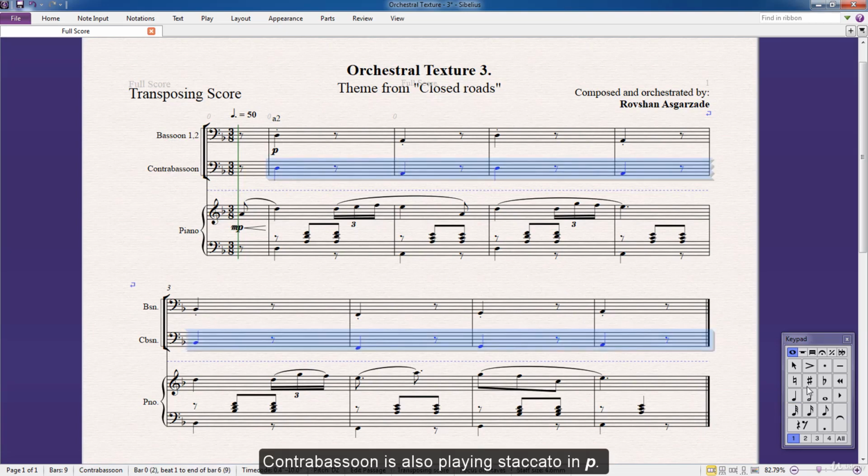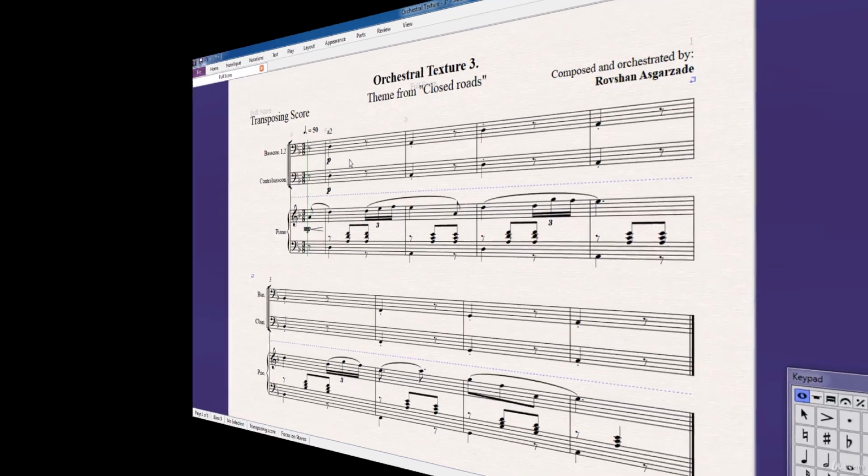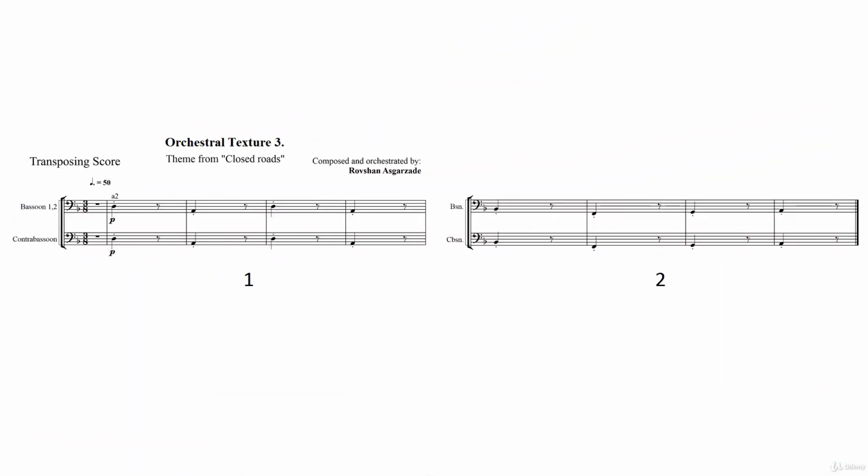Contrabassoon is also playing staccato in piano. Our bass line is ready.